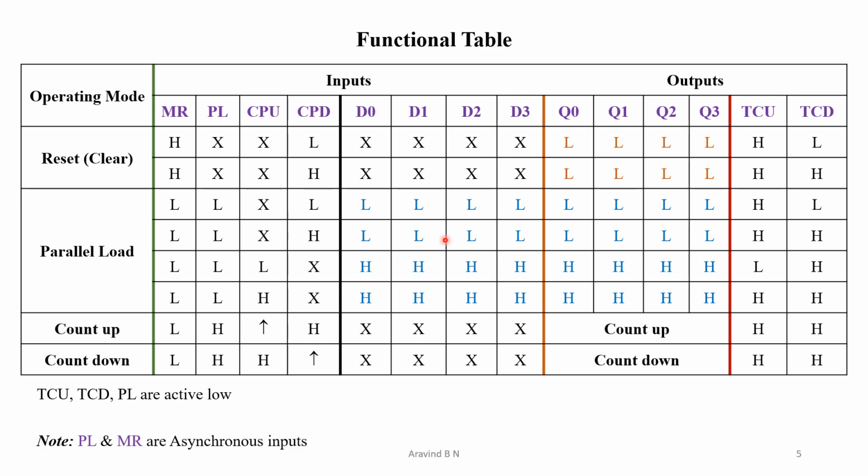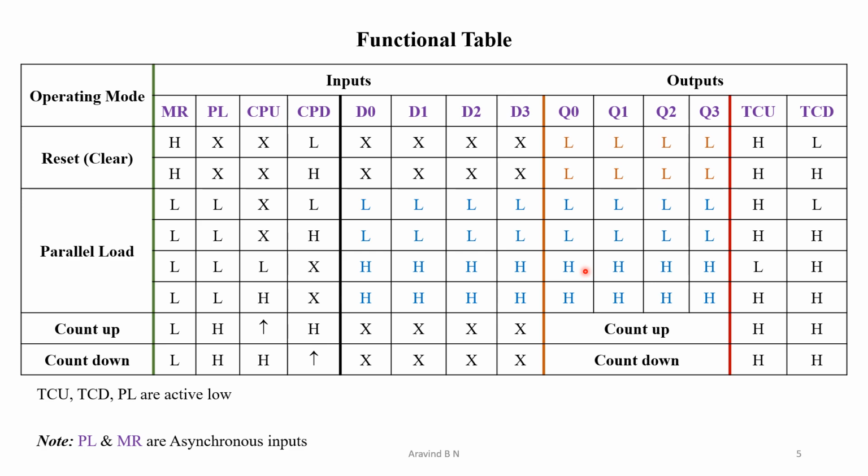If we keep some other value over here, for example 0001, the same value will be shifted over here. Further, with respect to CPU, either CPU is low or high, keeping PL equal to low, whatever value is present on D0 to D3, the same value will be shifted over here.